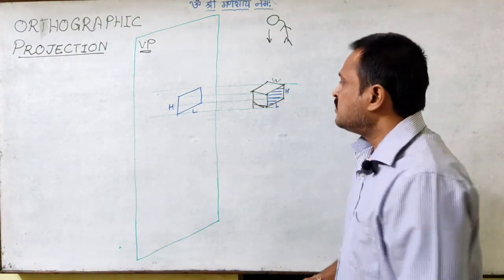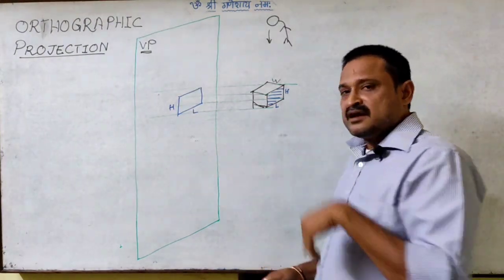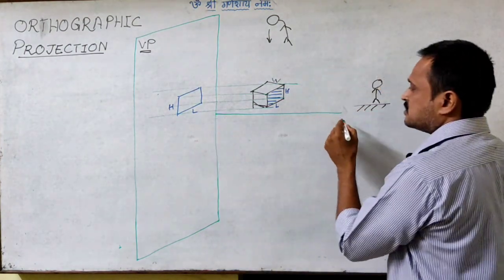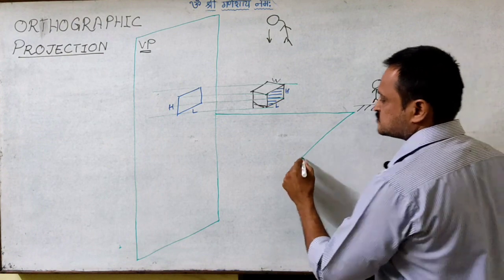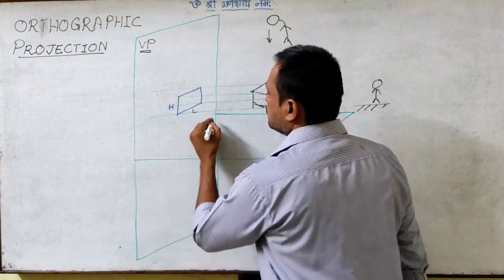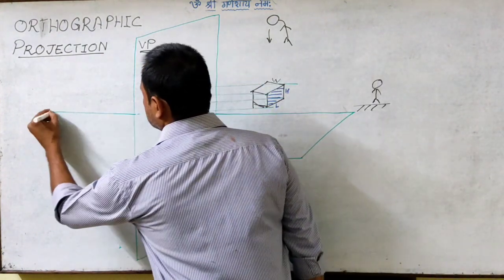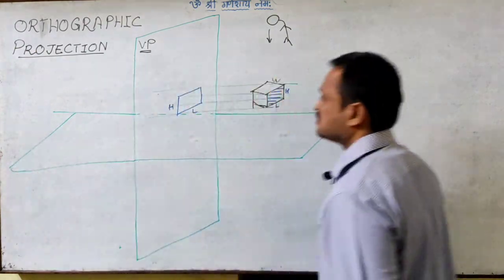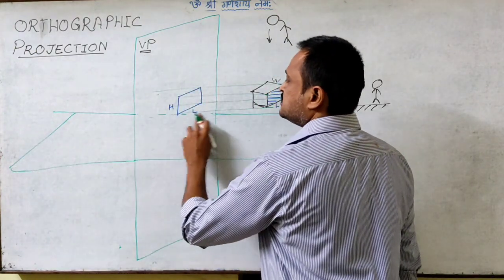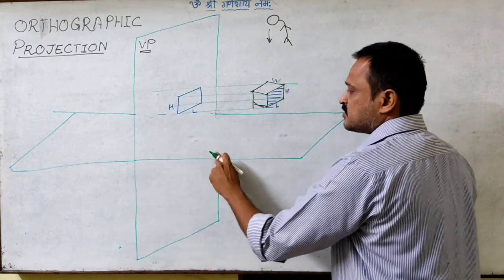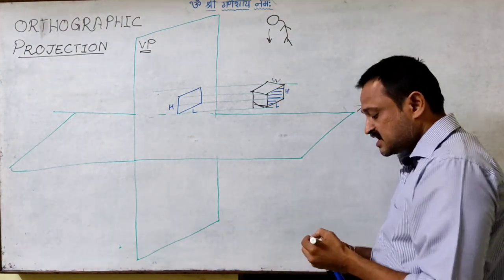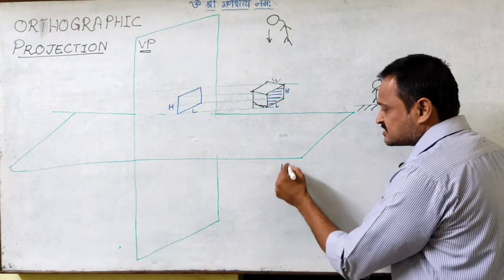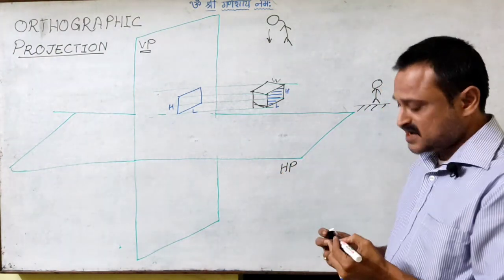So what we do, we again take one screen and put it horizontally. So what we did now, we put another screen which is horizontal. This plane is the horizontal plane on which we will be getting the image, and in short we will call this the horizontal plane.